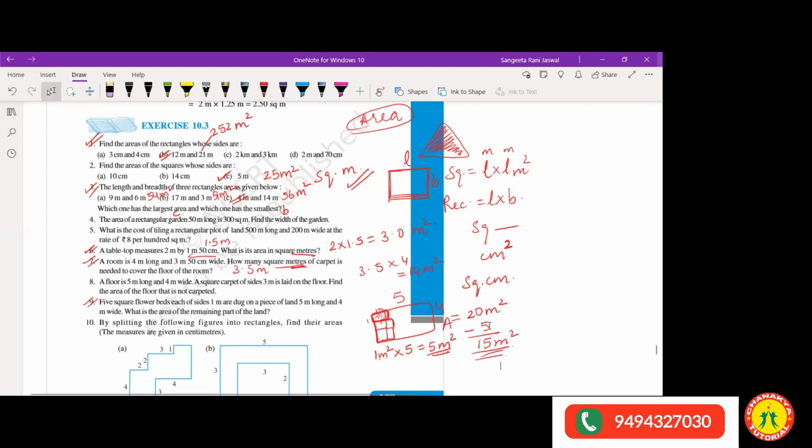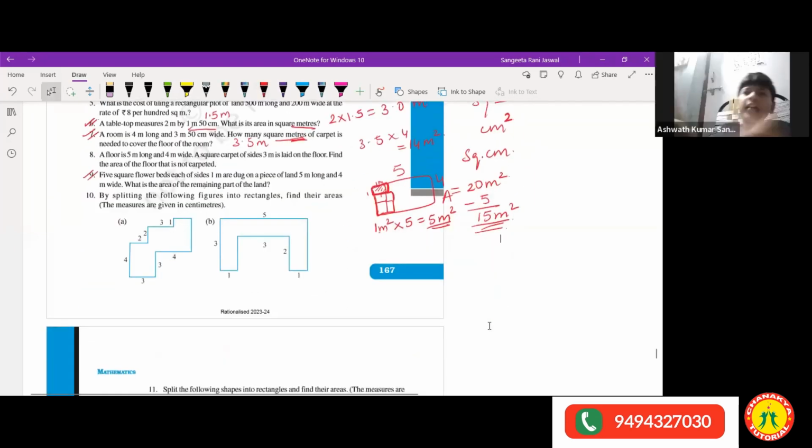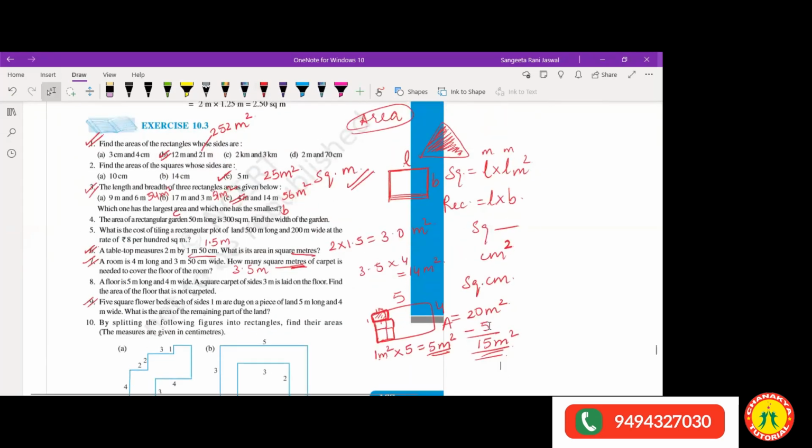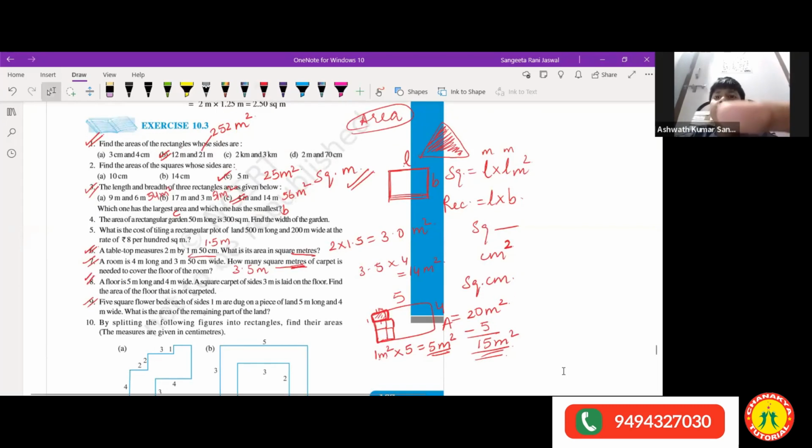Ma'am, can you explain the eighth question also? Okay, I'll do that. Please read the question. A floor is 5 meter long and 4 meter wide. A square carpet of side 3 meter is laid on the floor.